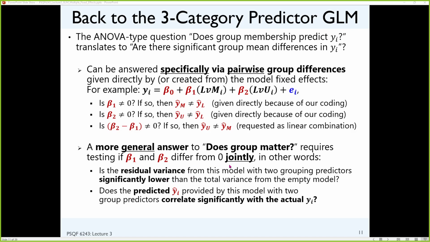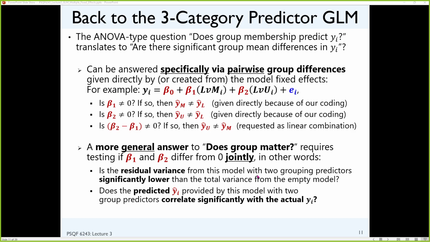Another way of phrasing the same question is, do beta 2 and beta 1 work together? Is the variance of the residuals, so the e's at the end of this equation here, significantly smaller because of these 2 slopes? That's one way to think about it. Another way to think about it is, this model gives us a predicted outcome for 3 different kinds of people. Is that predicted outcome significantly related to the real one?